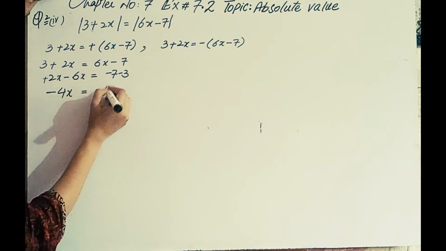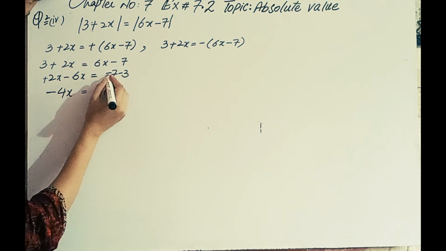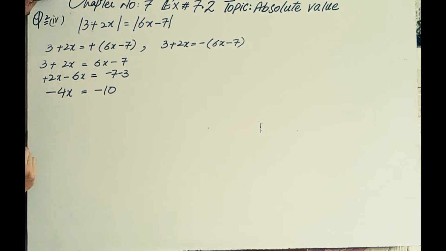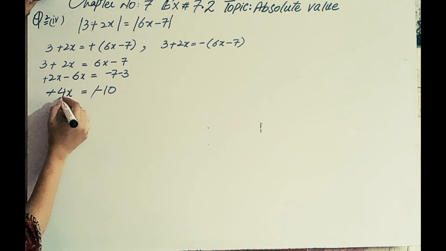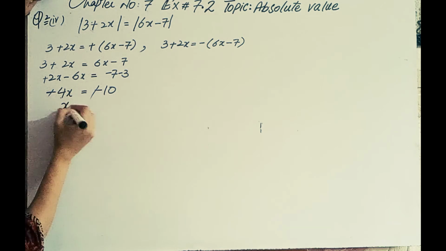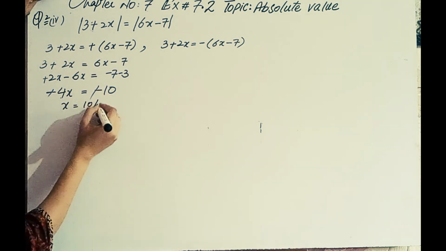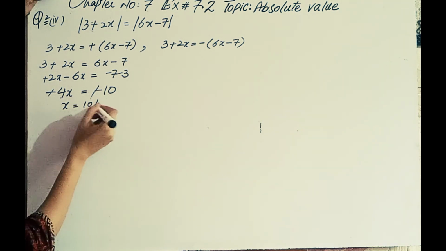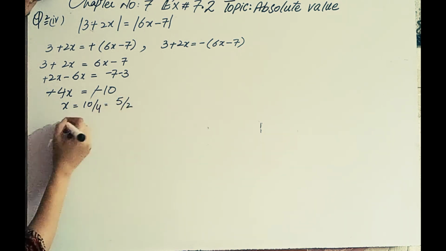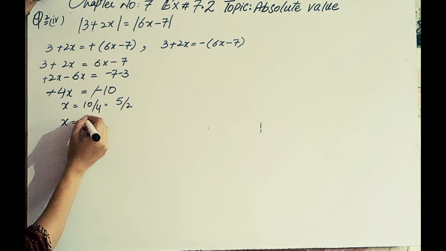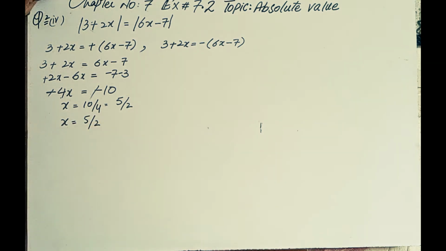Equals minus minus is plus. Sign will be of the greater term, that is minus with 7. Both minus are cancelled here. So 4 is multiplied here. Now on the other side this will be divided. 10 divided by 4. When this is cancelled, 5 times 2 is 10, 2 times 2 is 4. So the value of x is here 5 by 2.